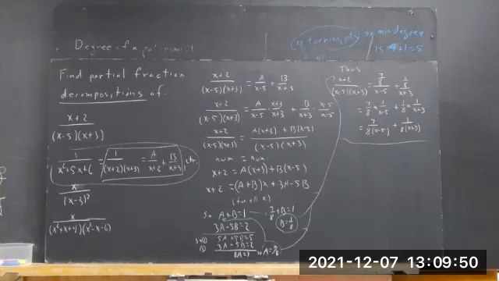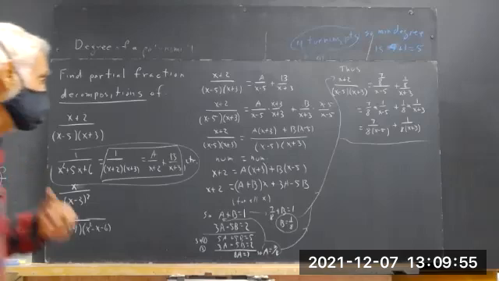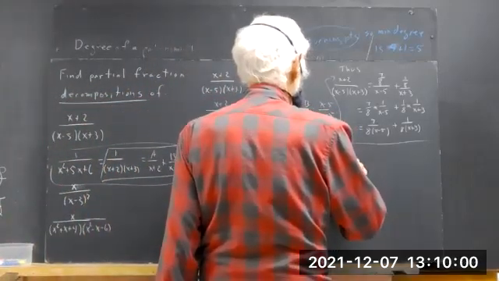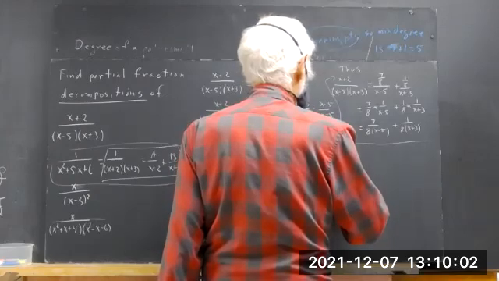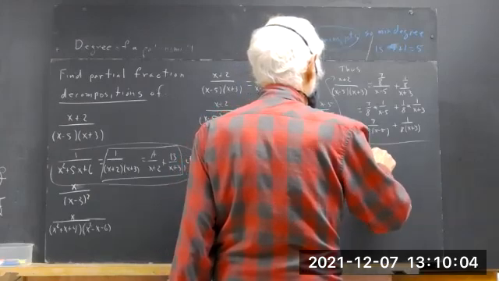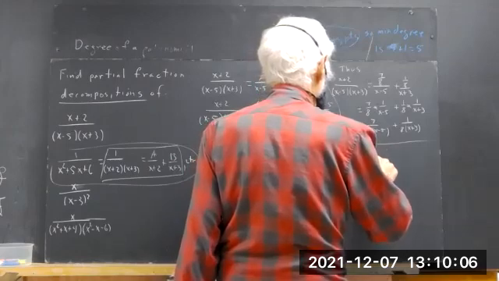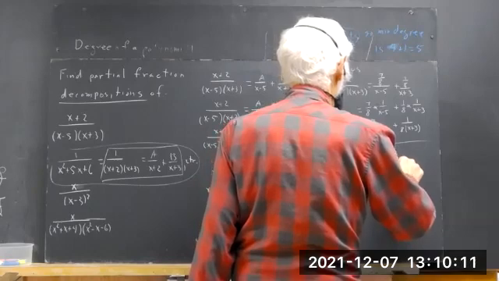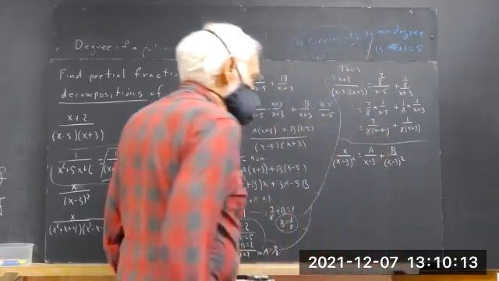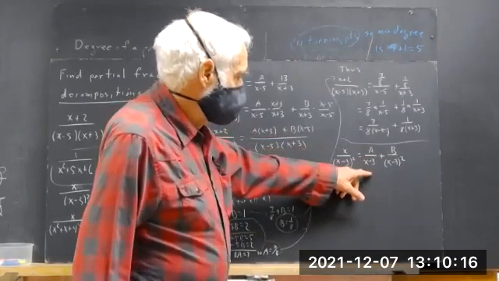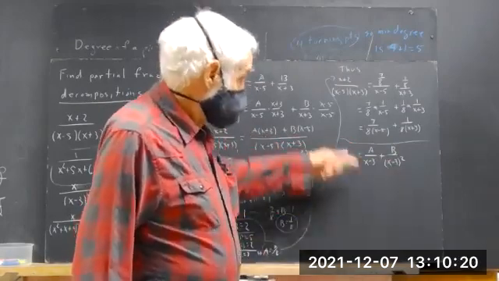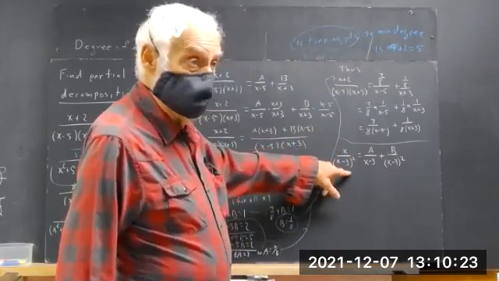Okay. Now on x over x minus 3 squared, let's see. It's going to be a over x minus 3 plus b over x minus 3 squared. Now that's the rule when you have a square.